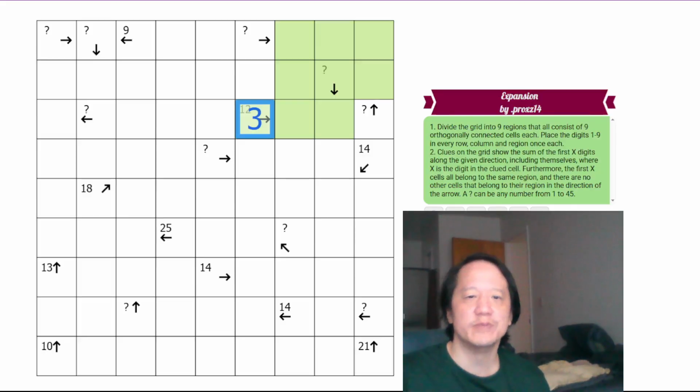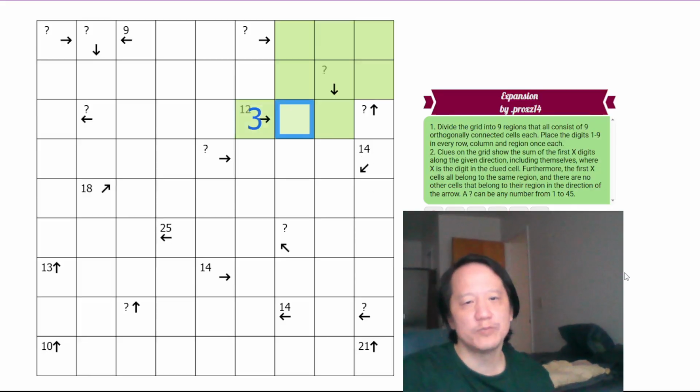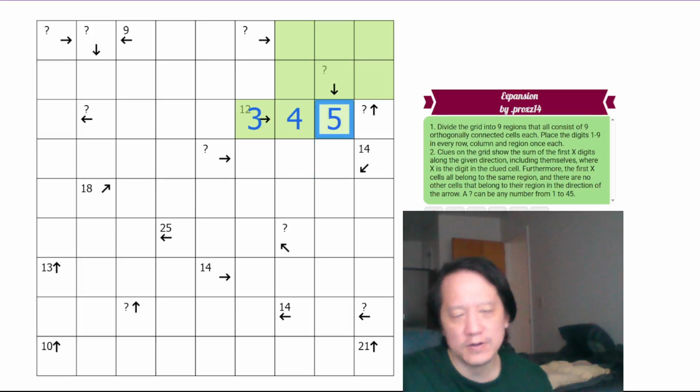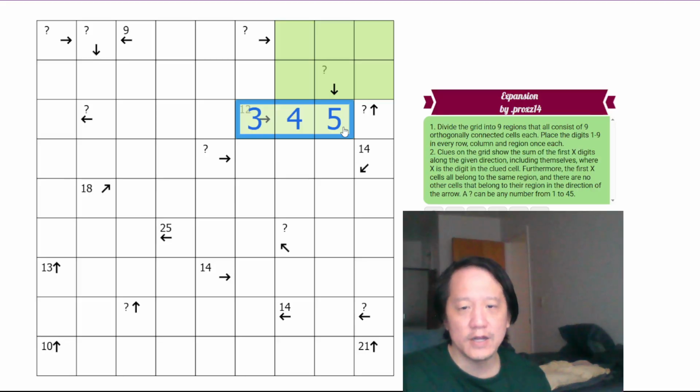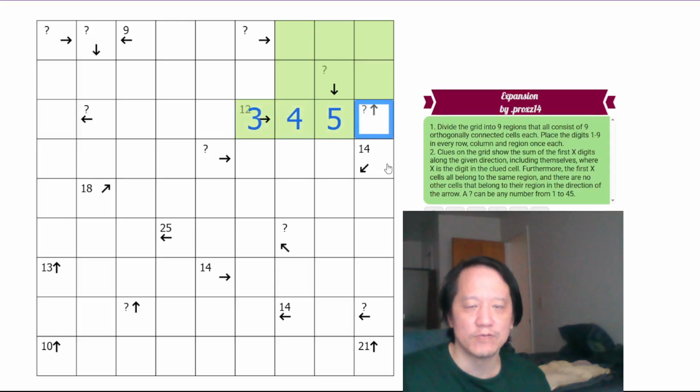In this case, we'll make the x 3. Then we could have 4 and 5 here. And the first x cells all belong to the same region, so that's valid there. And there are no other cells that belong to their region in the direction of the arrow, which is true. These 3 cells belong to the region.